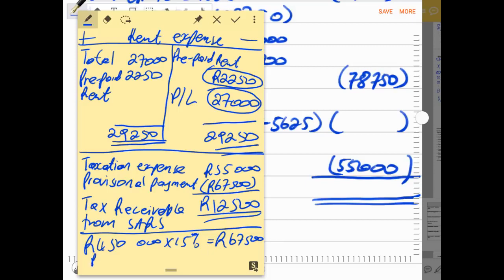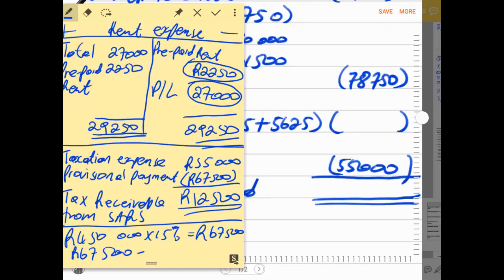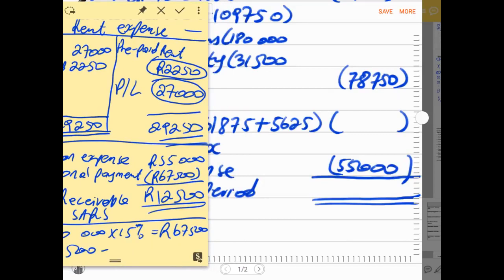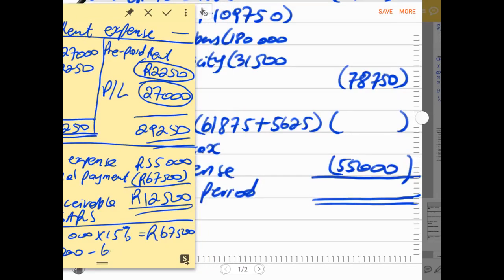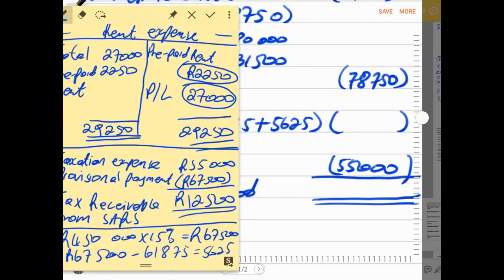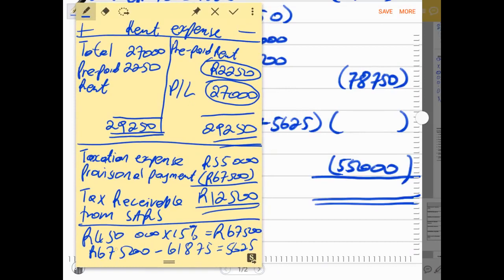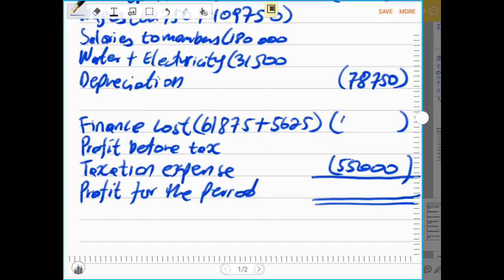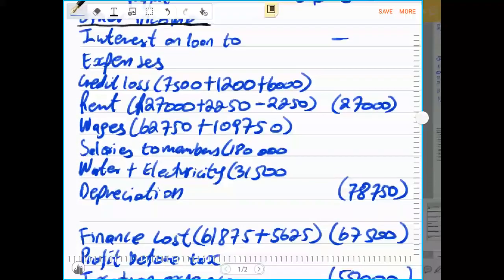Then we said 67,500 minus the interest that was already paid, which is 61,875. That gave us the 5,625. So that's where the 5,625 came from. And obviously the total must give us 67,500. So now the total will be 67,500. Sorry to forget that part.